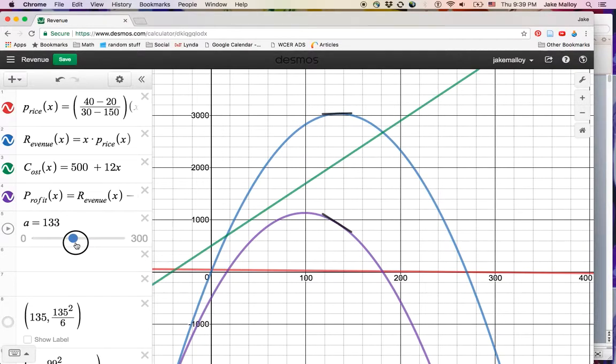So we're going to work through both of those questions. Given this price equation and the cost equation, what is my maximum revenue and what is my maximum profit? So we're going to go through that algebraically now.